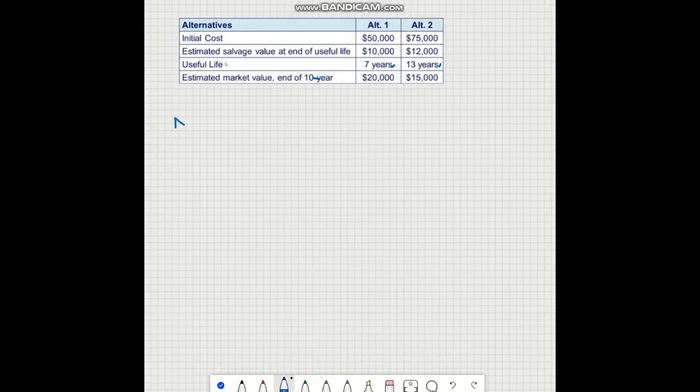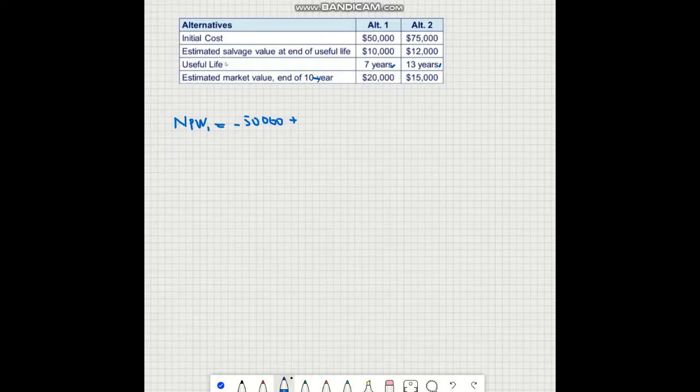Okay, let's write it down. Net present worth. How are we going to calculate this net present worth for alternative 1? There is the initial cost, which is minus 50,000, right? Then plus we have 10,000 at the end of 7 years, right?